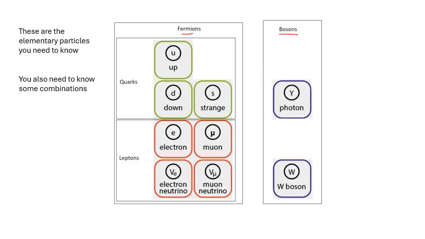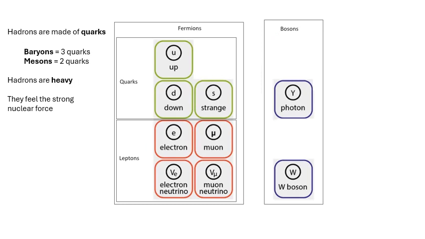Now, hadrons are made out of quarks. You've got hadrons which are made out of 3 quarks, and they're called baryons. And hadrons made out of 2 quarks are called mesons. I think mesons are middleweight. Hadrons are heavy. Baryons are 3 quarks, mesons are 2 quarks.